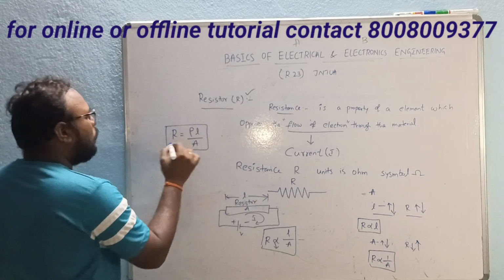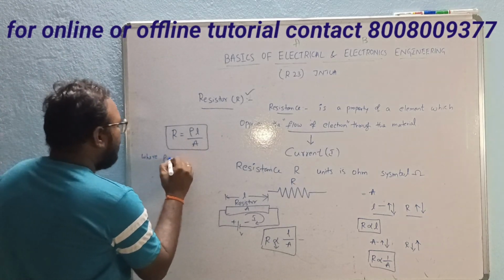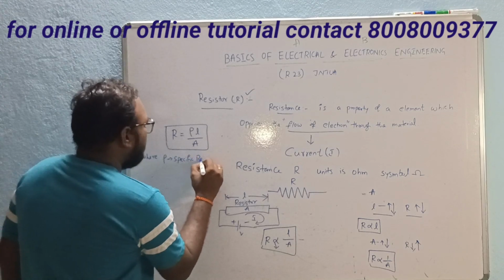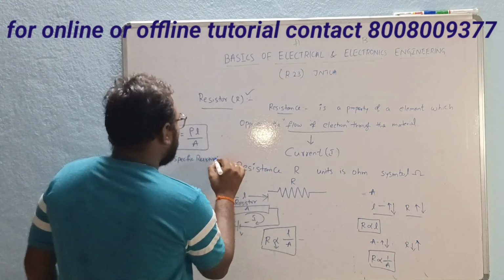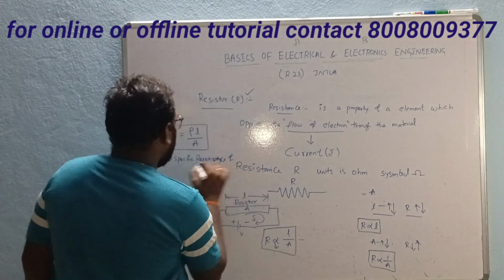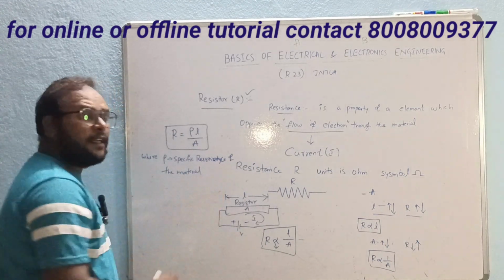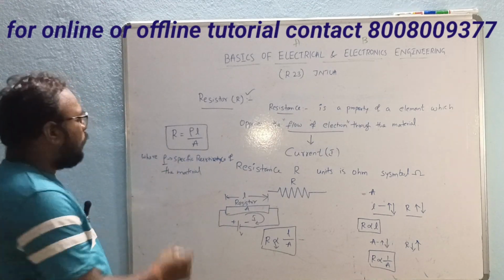What is this? Rho L by A, where rho is the specific resistance of the material. What is the formula for rho?